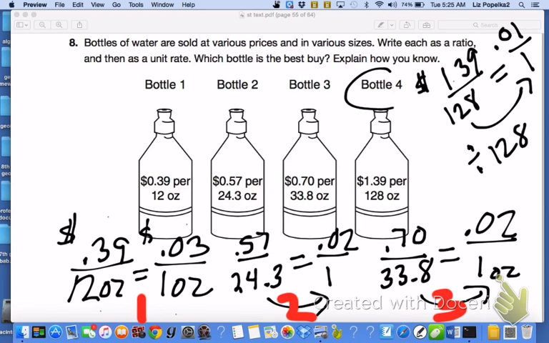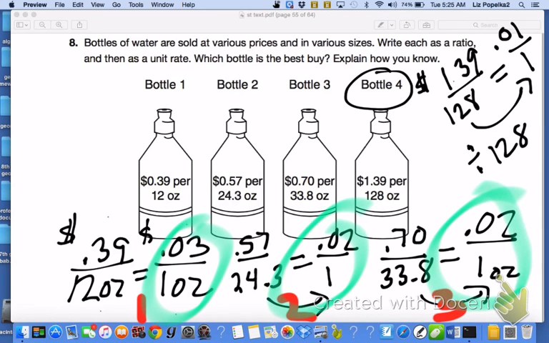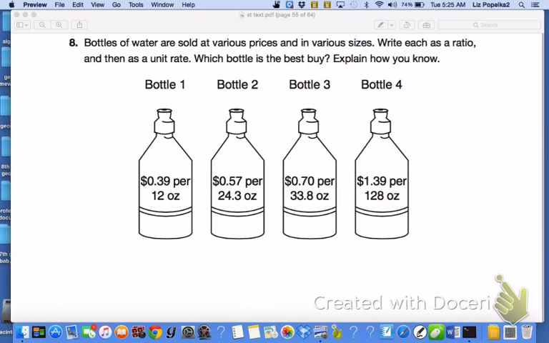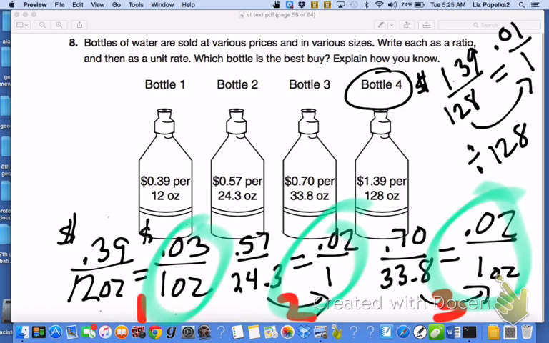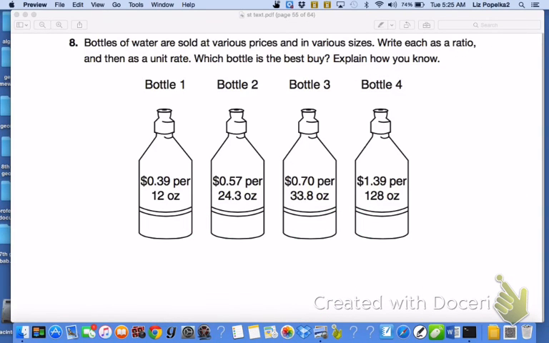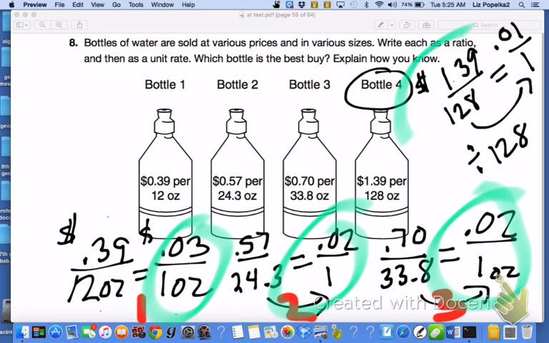So in this case, bottle 4 is the best buy because for bottle 1, I'm paying 3 cents for 1 ounce. Bottles 2 and 3, I'm both paying approximately 2 cents per 1 ounce. For bottle 4, I'm only paying 1 cent per ounce. So bottle 4 is the better deal.